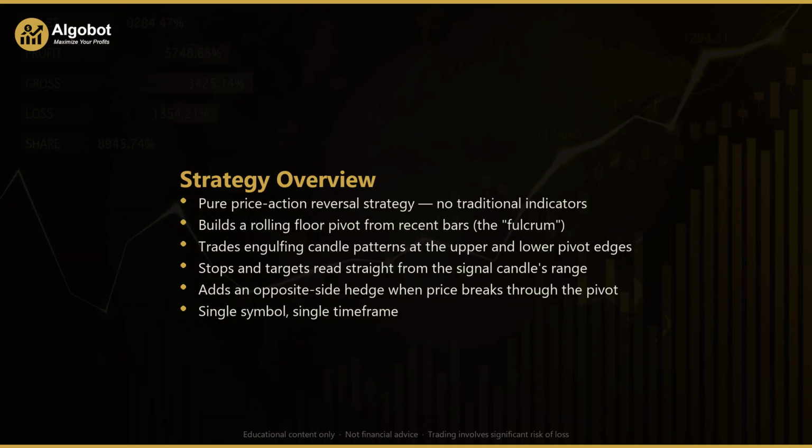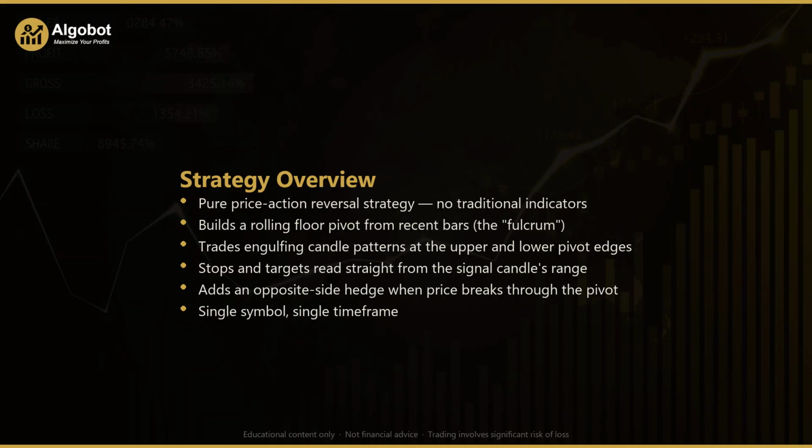Think of the central pivot as the balance point, the fulcrum, and R1 and S1 as the upper and lower edges where price tends to stretch and then snap back. The strategy then waits for a specific candlestick pattern, an engulfing candle, to form right at one of those edges. A bullish engulfing at the lower edge signals a possible reversal upward, and a bearish engulfing at the upper edge signals a possible reversal downward.